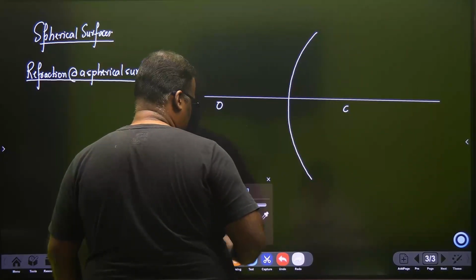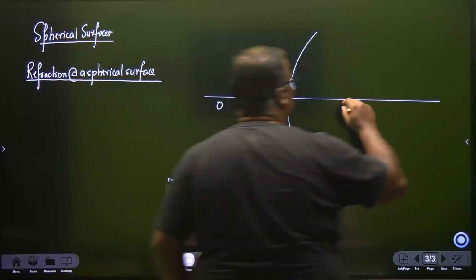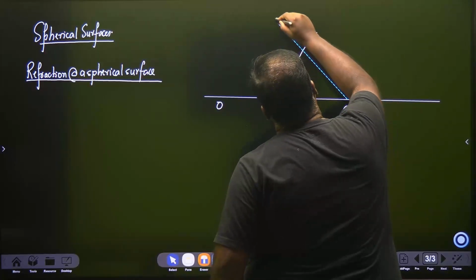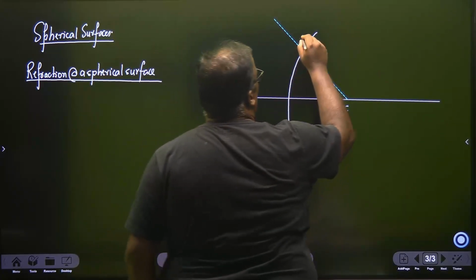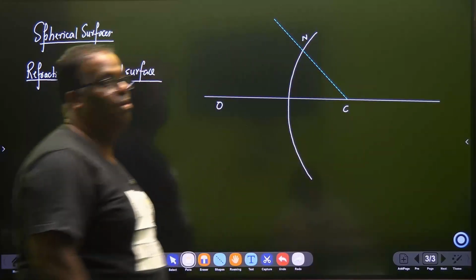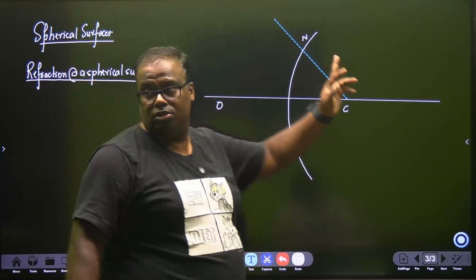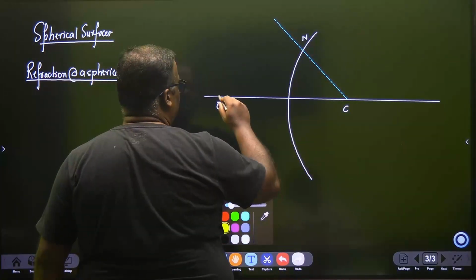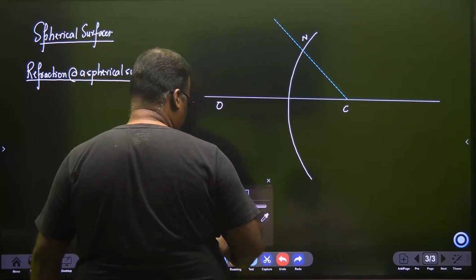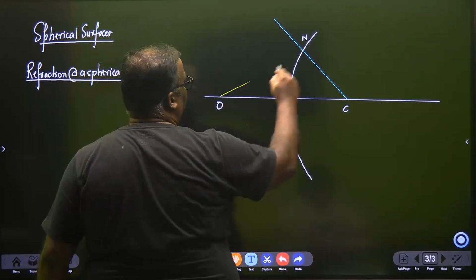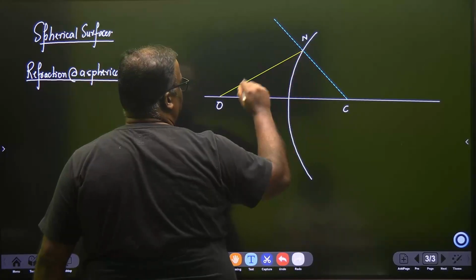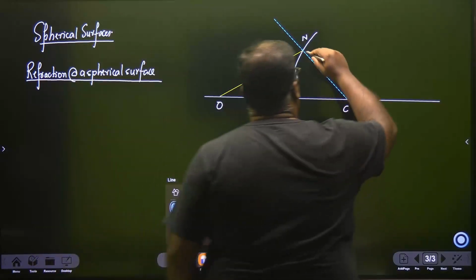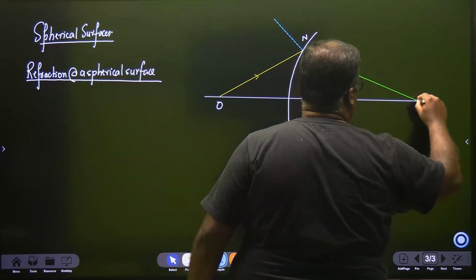Now, the radius at the point of contact is always normal. Let this point be point N. This is the radius from the center of curvature, and I take an incident ray from the object that hits at N. It forms an image out here.